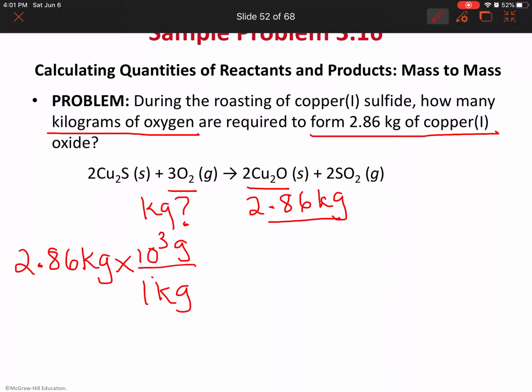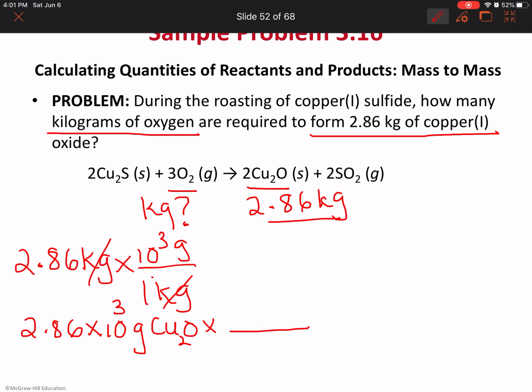So that will make it 2.86 times 10 to the power 3 grams. That is copper oxide, Cu2O. Now, we are going to relate oxygen to copper oxide using the molar ratio 3:2.